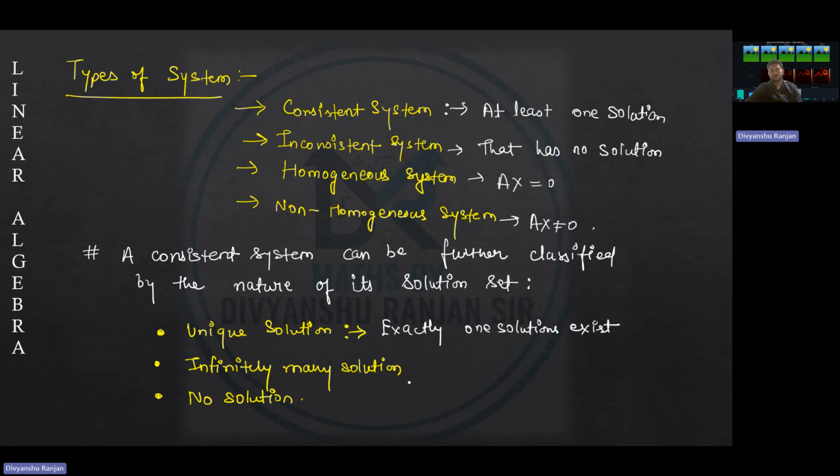And infinitely many solutions means that a parametric family of solutions exists. And one more correction here: in the non-homogeneous case, I wrote Ax is not equal to 0. So fix this. That is your non-homogeneous system.